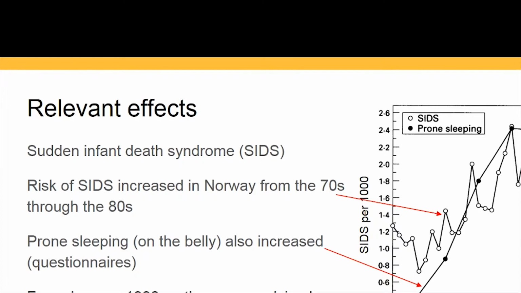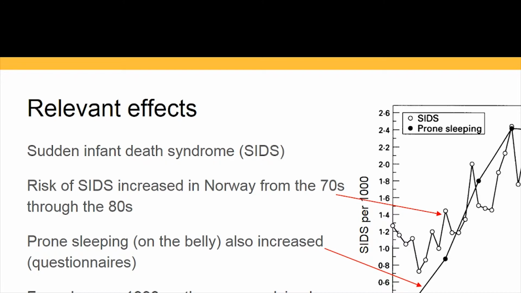Now, from January 1990, parents were advised to avoid prone sleeping. Especially the mothers were advised to avoid putting the baby on the belly. And we see that the number of deaths were halved from about 2 per 1,000, that's this area, to about 1 per 1,000. And in Norway, this corresponds to a reduction of about 60 deaths per year.